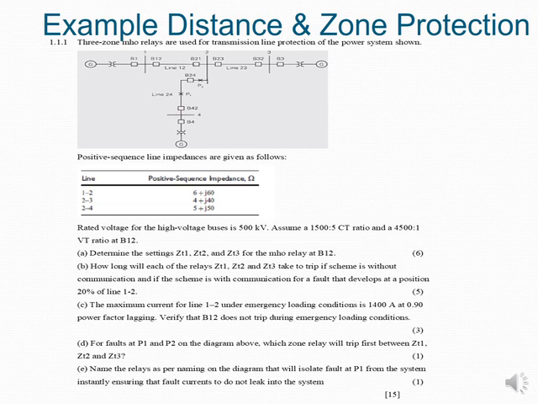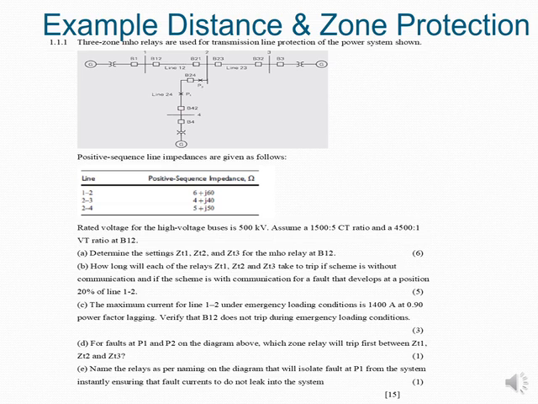Then for your last two questions, they go back to that fault P1 and P2 that we had seen also previously. They're still at the same places. And they're asking now that for fault P1 or a fault at P2, which zone relay will trip first between your zone 1, zone 2, and zone 3. So you need to determine where are those.